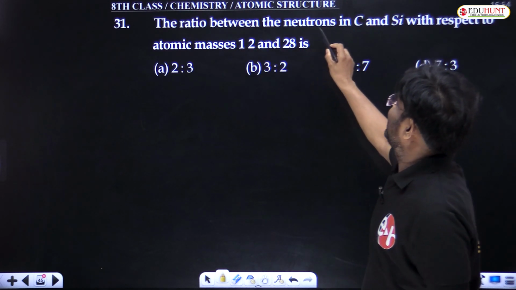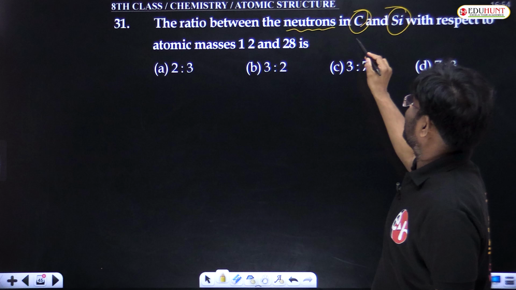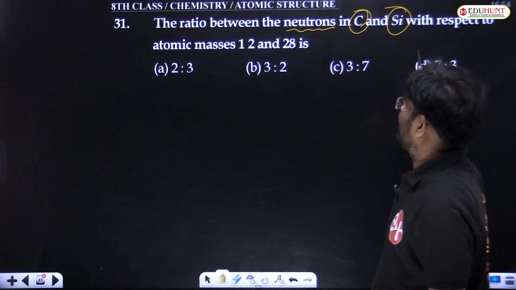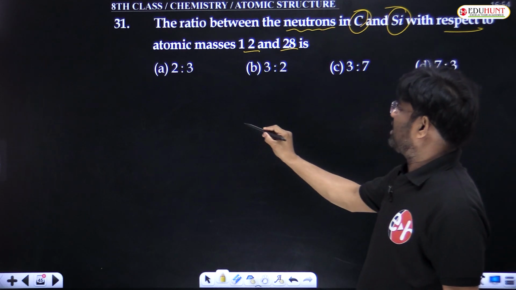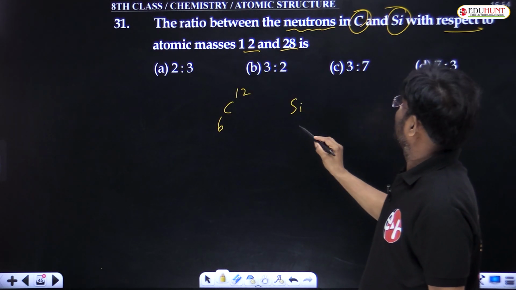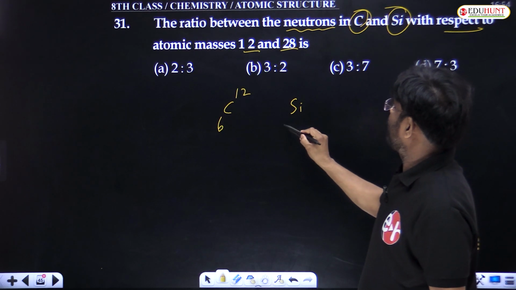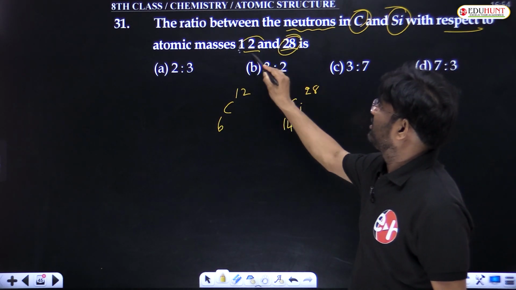The ratio between the neutrons of carbon and silicon. Carbon and silicon have atomic masses of 12 and 28. Carbon mass 12, atomic number 6. Silicon atomic number 14, mass 28. Mass is given.